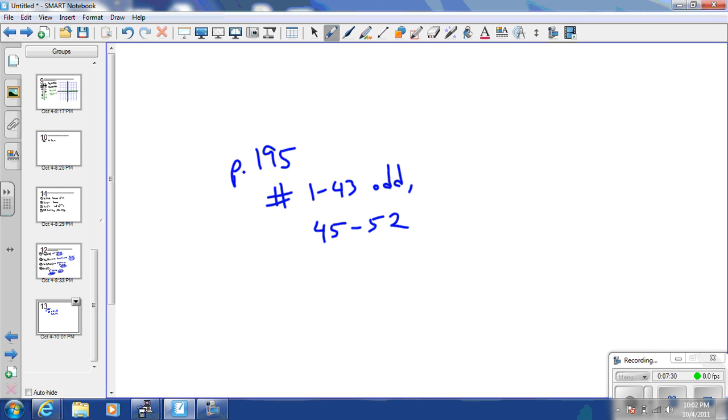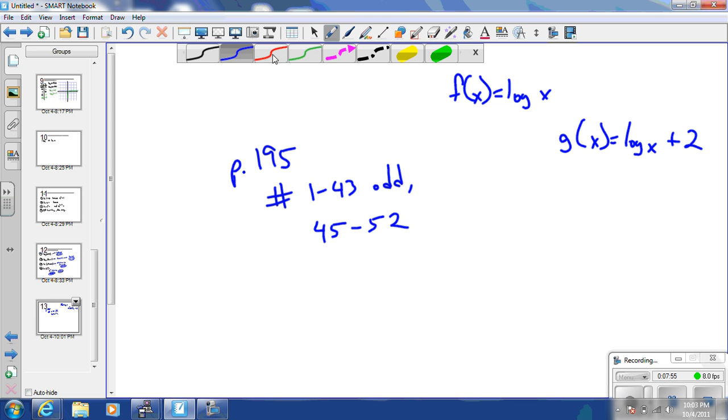And in addition to that, we've got some problems that are asking that you describe one graph from another one. For example, what I just showed you. If I tell you that f of x is the log of x, and then I make up another function called g of x, which is log of x plus 2, written like that, you have to tell me, how is this graph going to be changed into that one?